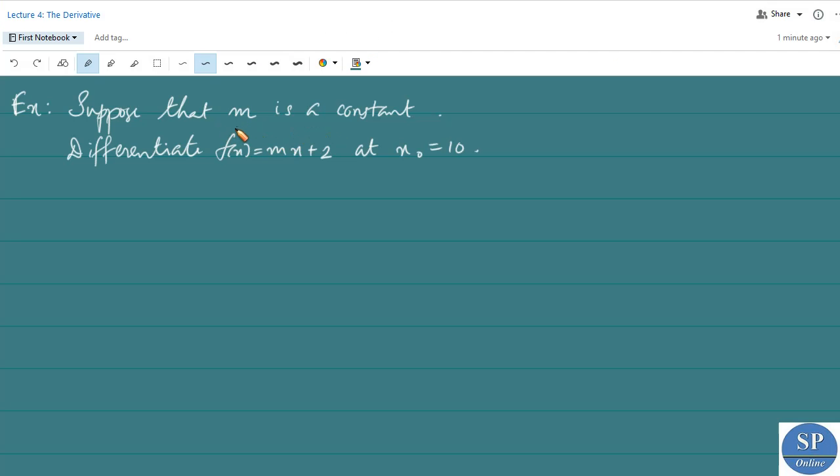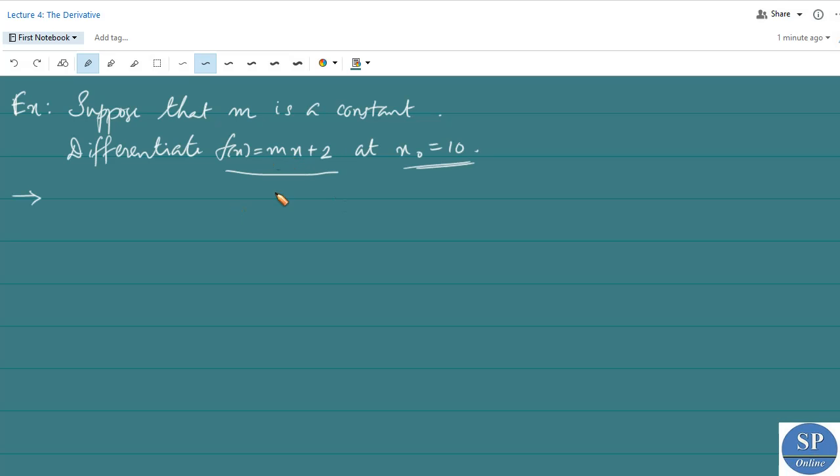Suppose that m is a constant. Differentiate f of x equal to mx plus 2 at x naught equal to 10. So here we have to find the derivative of f of x, which is equal to mx plus 2. It is a linear function. We have to find the derivative of this function at the point x naught equal to 10.